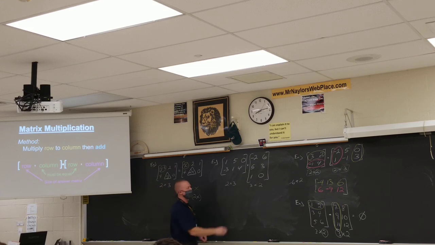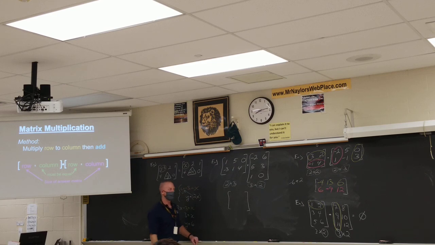And interesting, if you look at these two numbers that have to be equal, that's good stuff. And these numbers here, you would realize that your final answer is a 2 by 2. Your final answer is a 2 by 2.